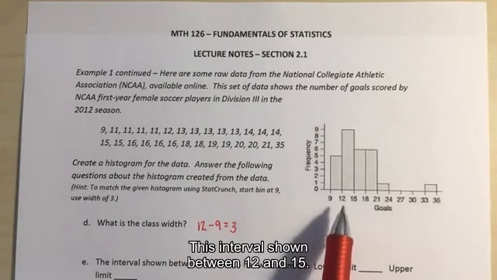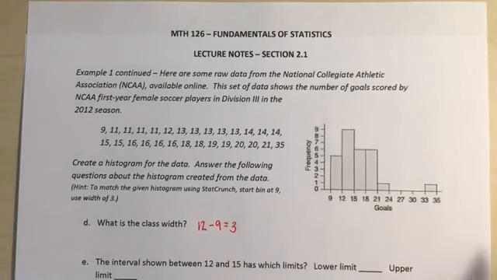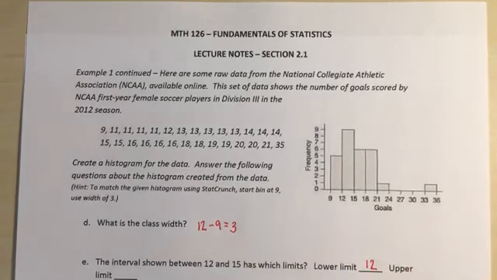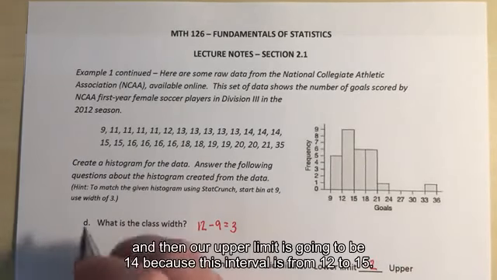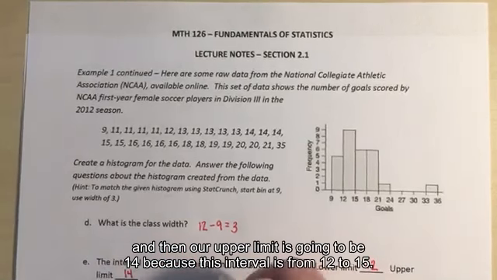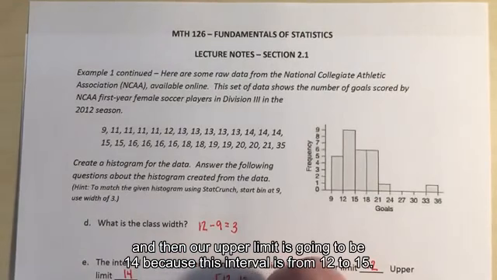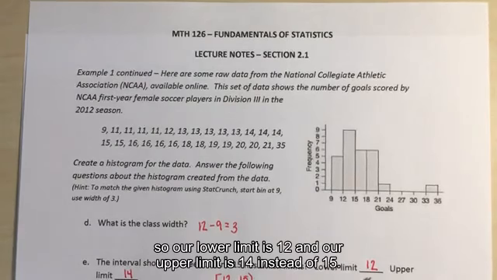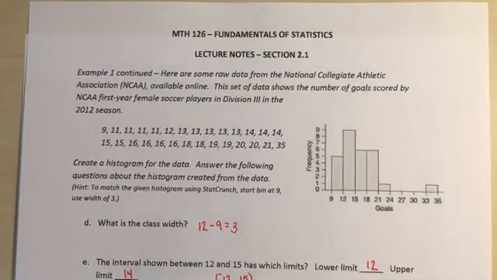For this interval shown between 12 and 15, remember that our lower limit includes the 12, and our upper limit is going to be 14, because this interval is from 12 to 15. The 12 is included, but the 15 is not. So our lower limit is 12, and our upper limit is 14 instead of 15.